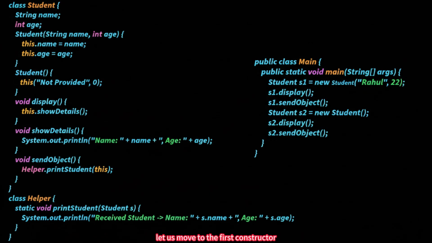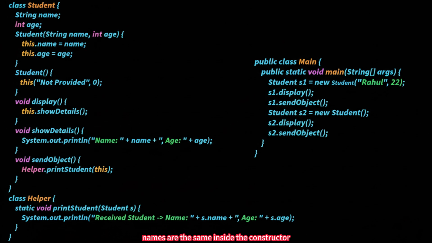Now let us move to the first constructor, which is a parameterized constructor. This constructor takes two parameters, one called name and another called age. Here you should notice something very important. The parameter names and the instance variable names are the same.